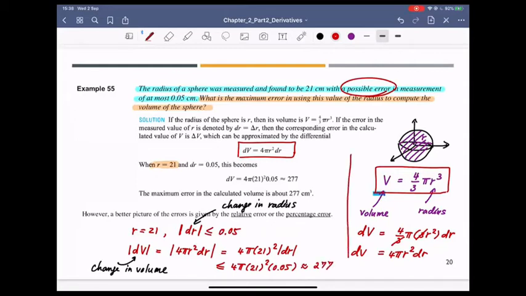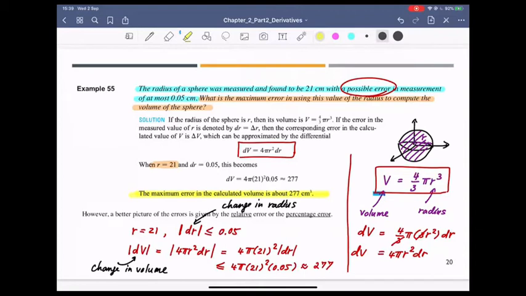So the maximum error of the volume is going to be about 277 cubic centimeters. Does it make sense? This is one application that you can do. Here we just use a differential to calculate the maximum error in volume if you know the maximum error in radius.